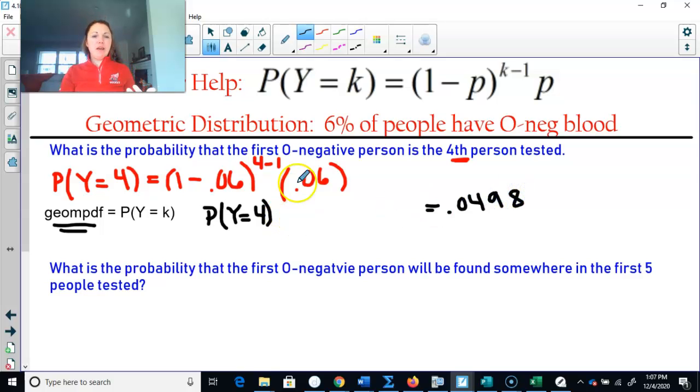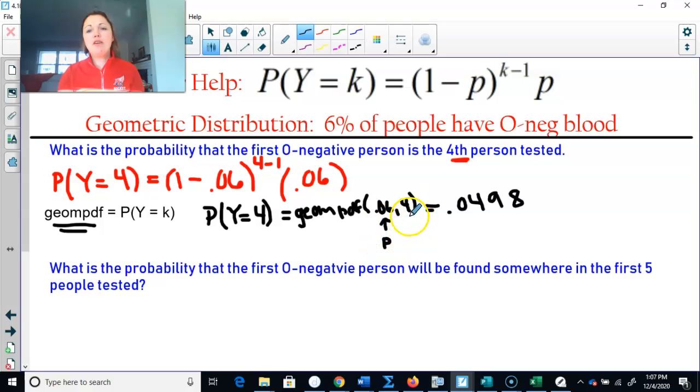Now, if you want to use your calculator for a PDF, I'm totally fine with that. The biggest thing the College Board will require is you need to put geom PDF 0.06, comma, 4, and then this is our P, and you can put K or X, it doesn't matter.